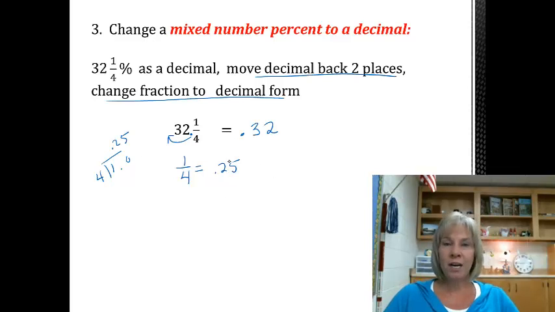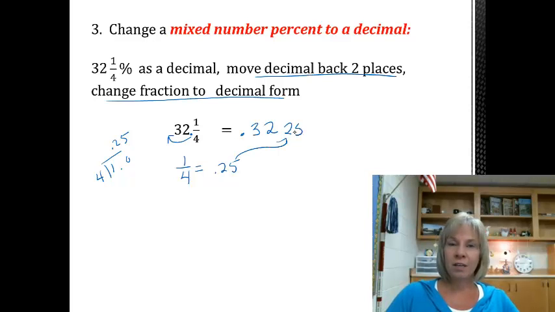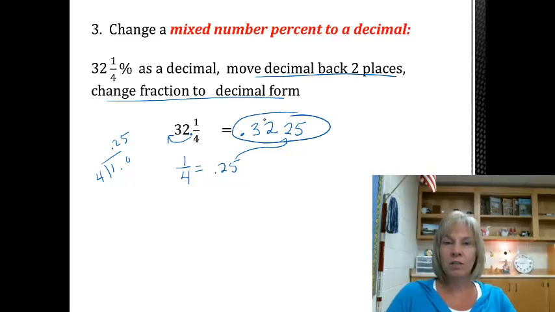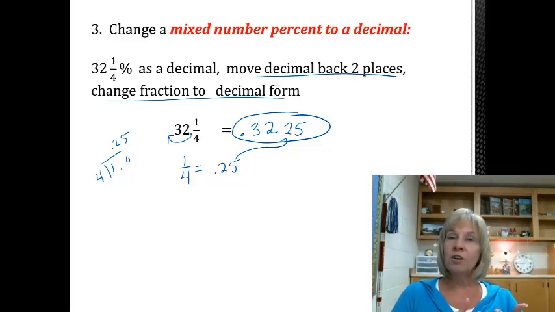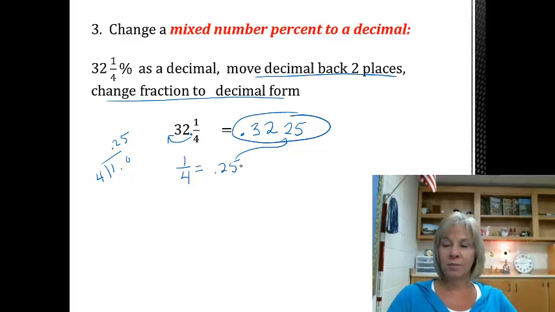So then we just take our 25, just the 25, and stick it on the end of our 0.32, and that is our decimal form. All right, so we moved a decimal back 2 places, and then we changed our fraction to its decimal form and added that on the end.